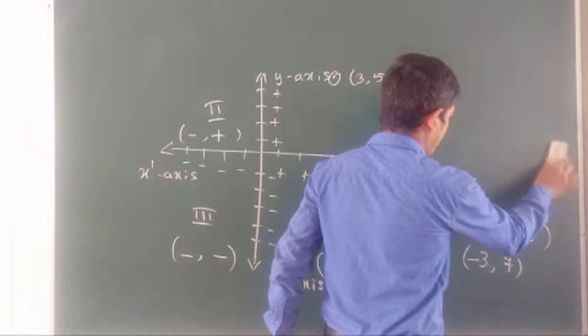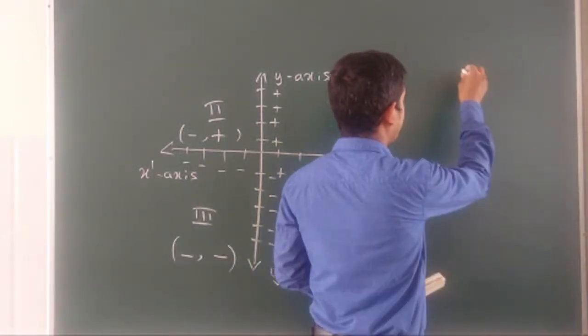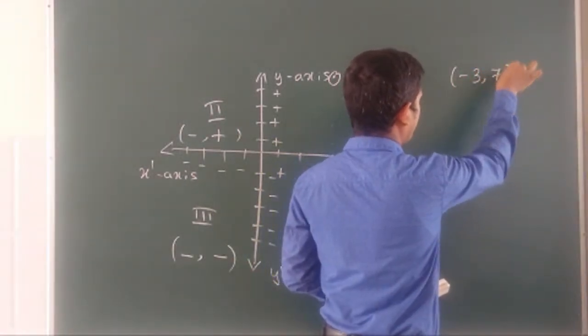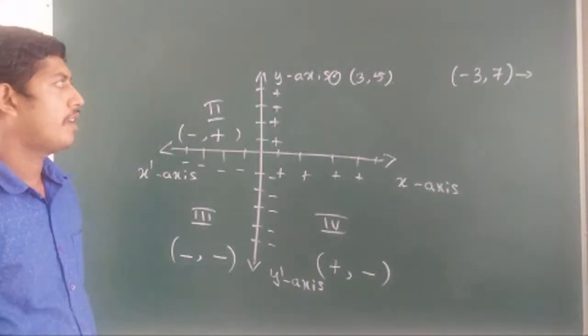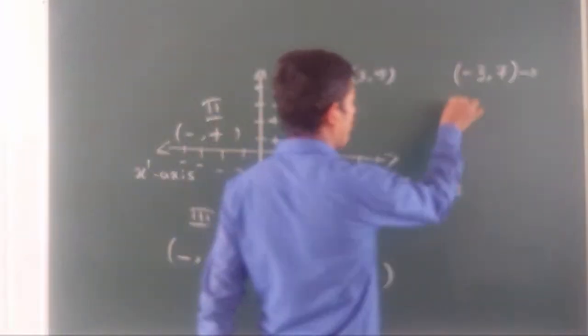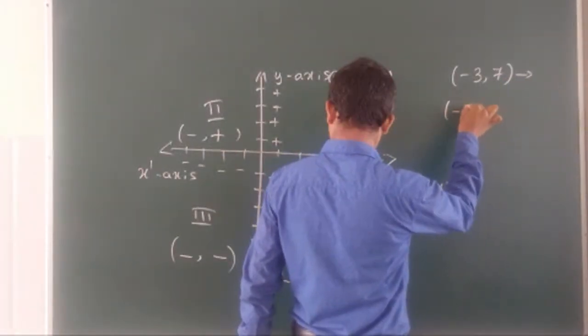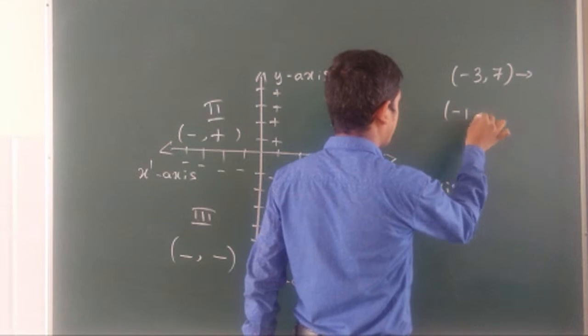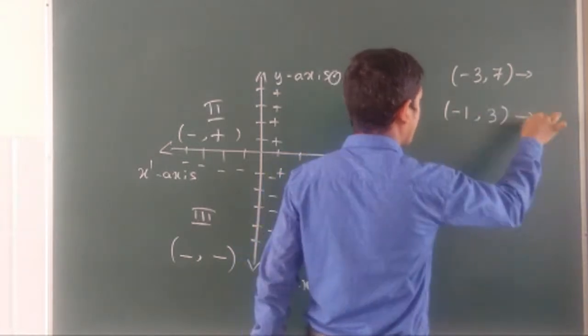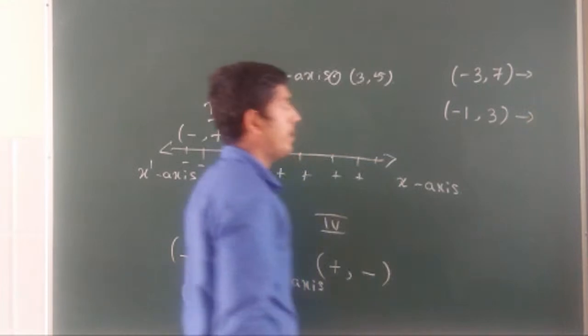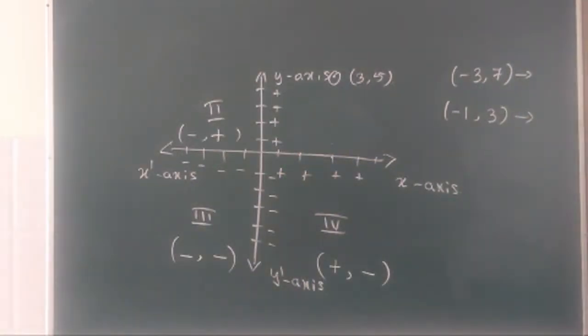Minus 3 comma 7 is present in which quadrant? And similarly, I will give another number, that is plus minus 1 comma 3. First comment and tell me, minus 3 comma 7 is present in which quadrant?